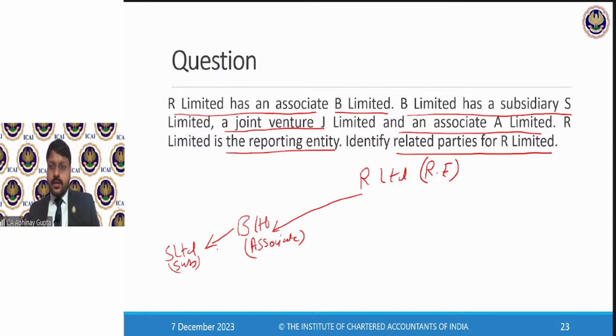B Limited also has a joint venture, J Limited, and an associate as well, A Limited.